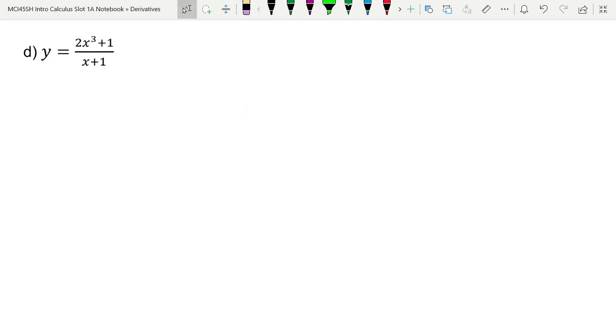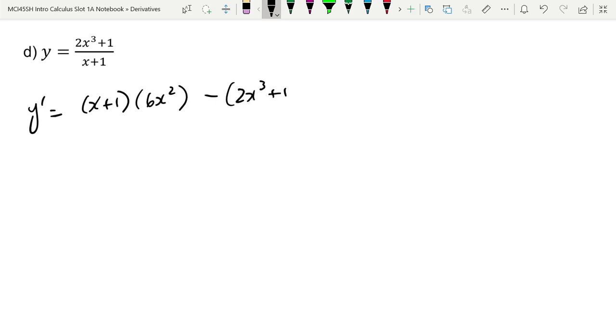And quotient law says that y prime will be the denominator times the derivative of the numerator minus the numerator times the derivative of the denominator all over the denominator squared.